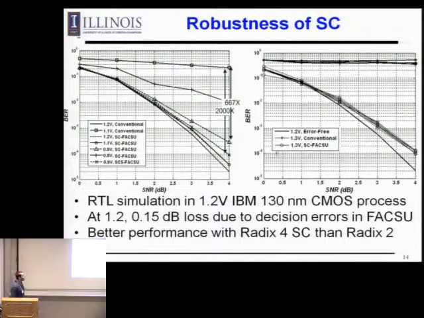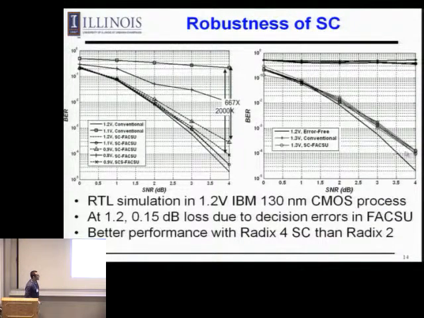In terms of performance of this state clustering, we see here we can decrease our voltage from 1.2 down to 0.9 volts. This is the bit error rate performance. However, the conventional one is still very high. And in terms of process variation, our design is very robust to variations.